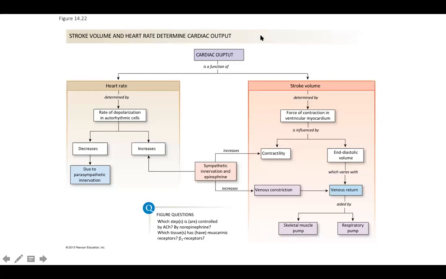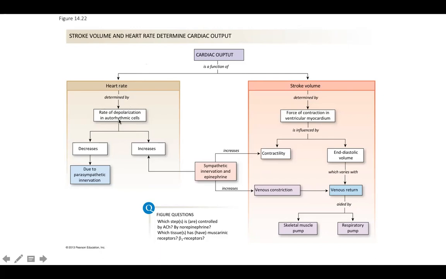And so here's a really nice summary of all of the things that affect cardiac output. Cardiac output we know is a function of the heart rate and the stroke volume. And the heart rate is determined by the rate of depolarization in the autorhythmic cells.